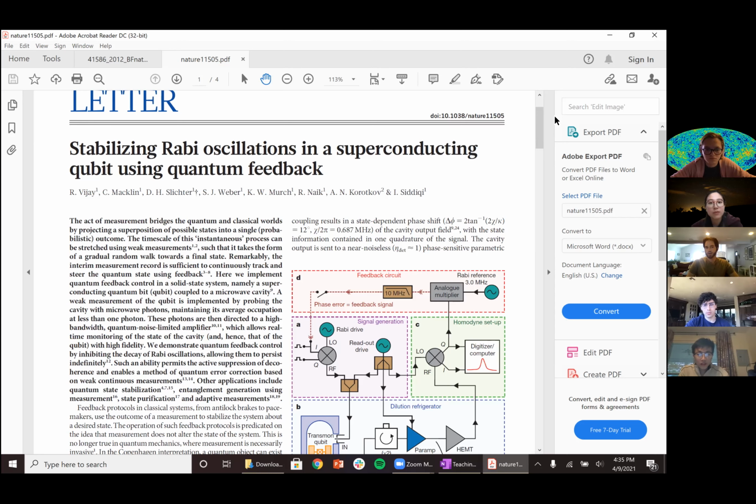Another application is something that my lab is just starting to explore right now. So this is 10 years later. We're trying to implement kind of arbitrary feedbacks. So basically, you measure the qubit, but maybe you don't measure whether it's 0 or 1. Maybe you measure the phase of the superposition of 0 and 1.